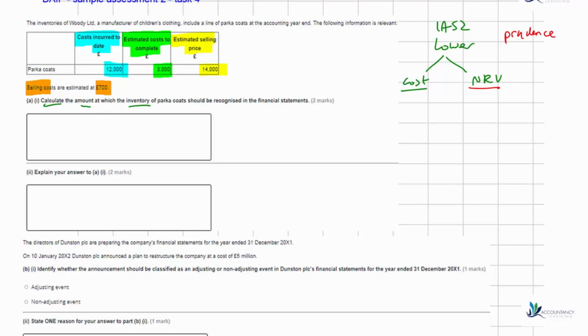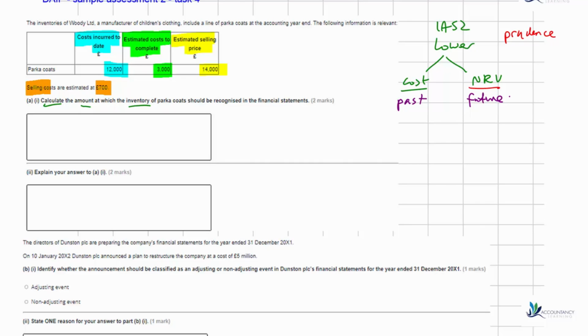So what do we mean by this net realisable value, and how is it different to the cost? Well, one way to think about it is that the cost relates to anything that's happened in the past, and the net realisable value relates to anything that will happen in the future. So the cost relates to all costs involved in bringing that inventory to its present location and condition.